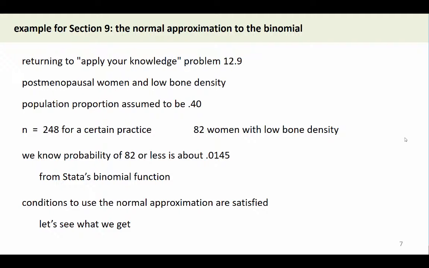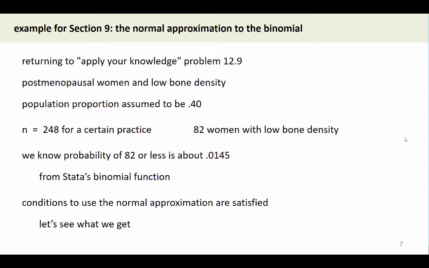Population proportion assumed to be 0.40 for a certain practice with 248 post-menopausal women. They only had 82 with low bone density. So we already used this to illustrate Stata's binomial function. Probability of 82 or less using the binomial function is about 0.0145.